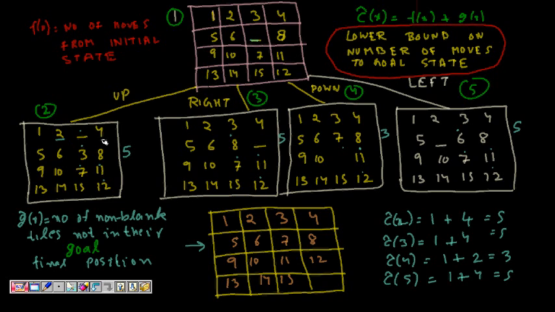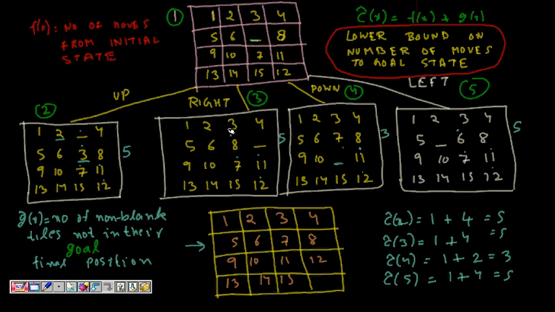From here I can move the empty space up, down, left or right. If you move it up, this slot comes up, 1 2 4, and 3 comes down here. If you move it right, 8 comes here and this goes to the right. If you move it down, 7 goes up and the empty space is here. If you move it to the left, 6 comes here.